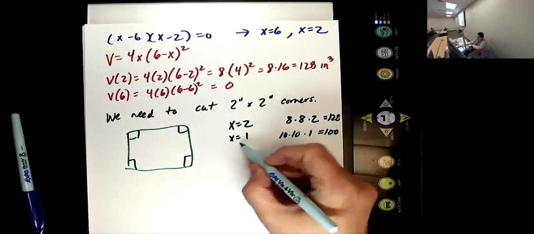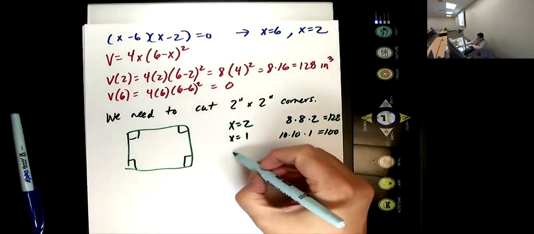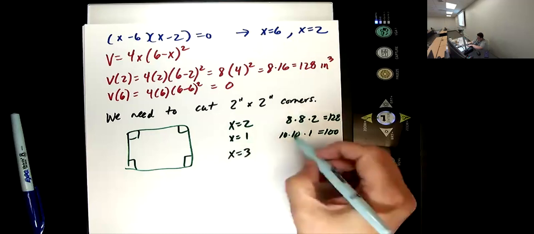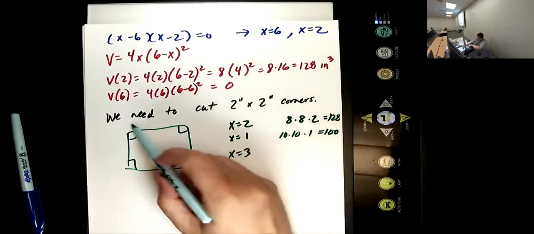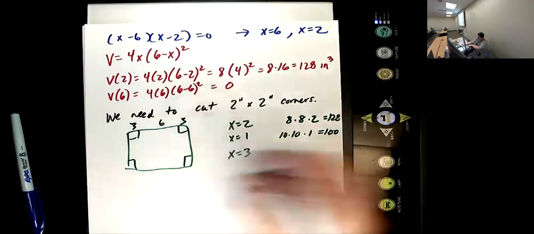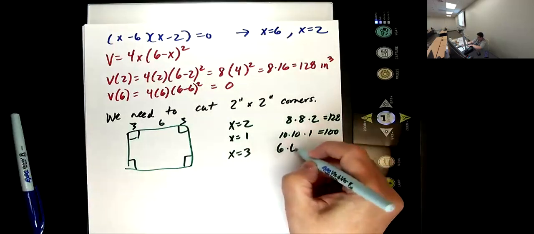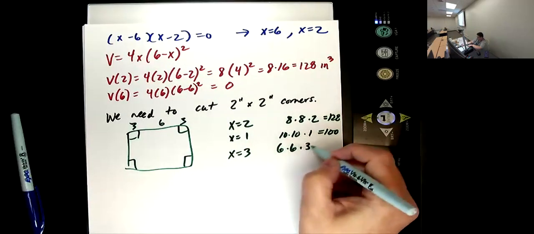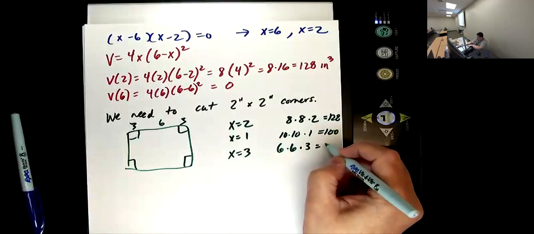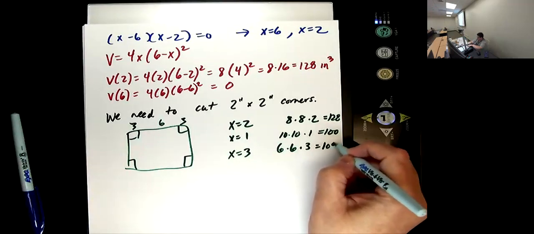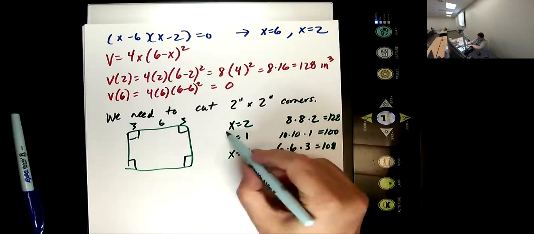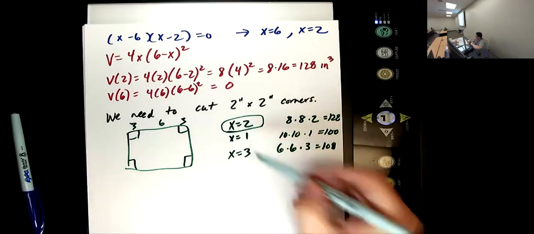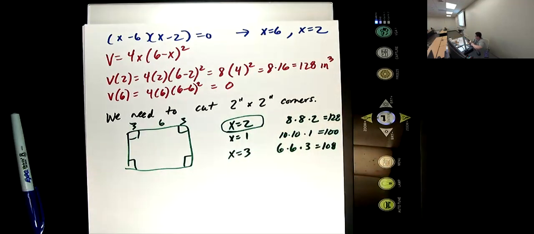So smaller goes down. If I tried x equals 3, that leaves 6 in the middle. I've got 6 times 6 times 3. 36 times 3 is 108. So yeah, x equals 2 is still higher than the other ones. Now, granted, the next thing down from 2 is not 1.